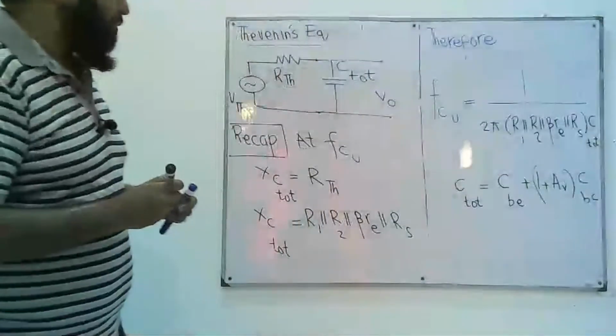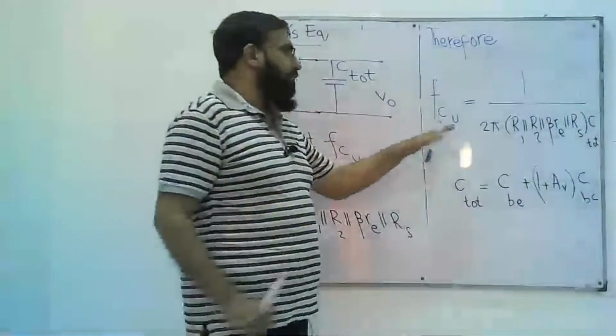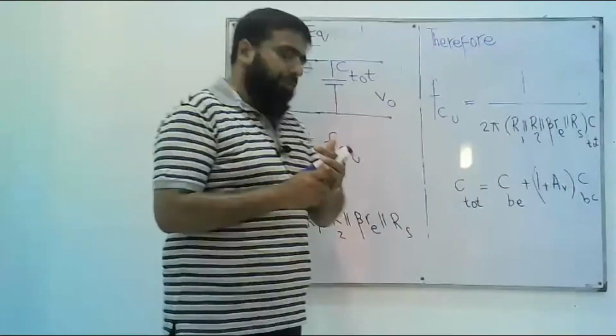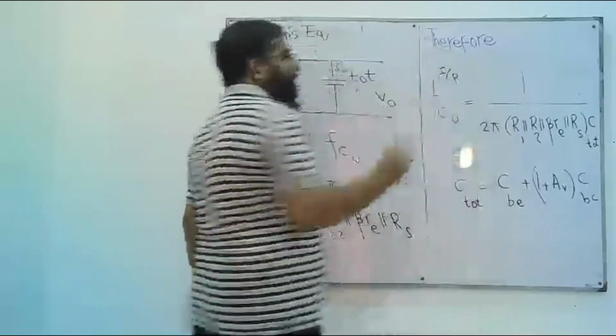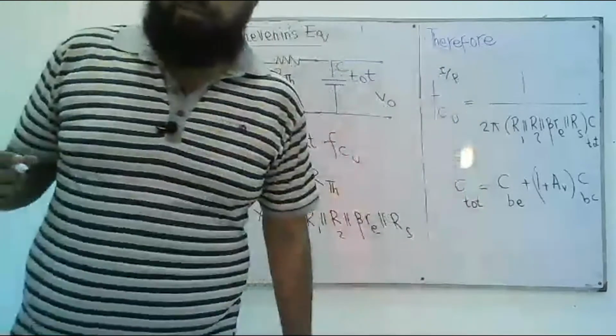So using this expression, we can calculate FCU, but this is due to the equivalent junction capacitances on the input side.